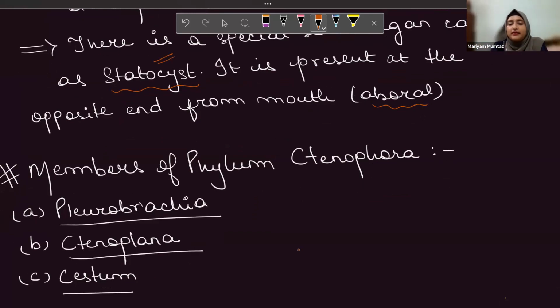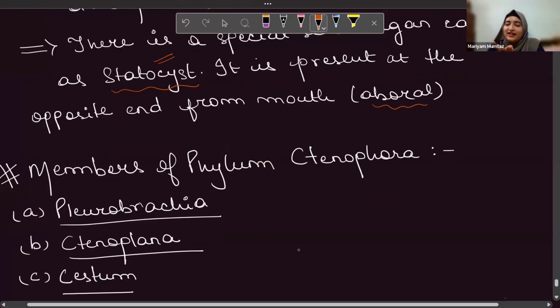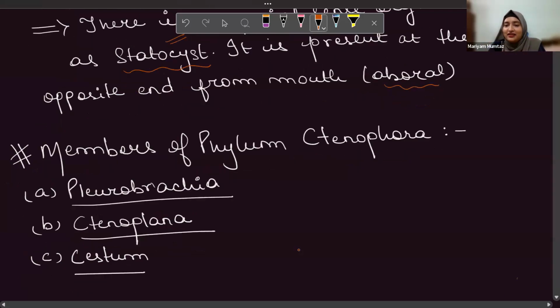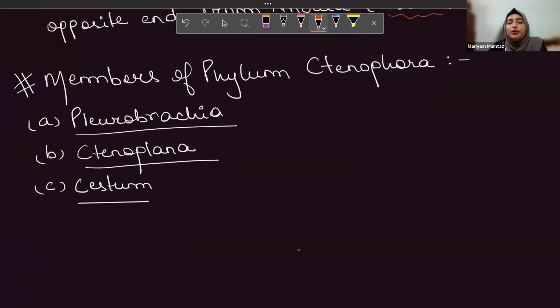Now, what are the members? This is the sweetest phylum because it is very tiny and very short. That is all you have to know about it. Now let's talk about the members of the Ctenophora. Pleurobrachia is the first member. Then there is Ctenoplana. Then there is Cestum. There are even more members also, but remember these three, they are there in the NCERT.